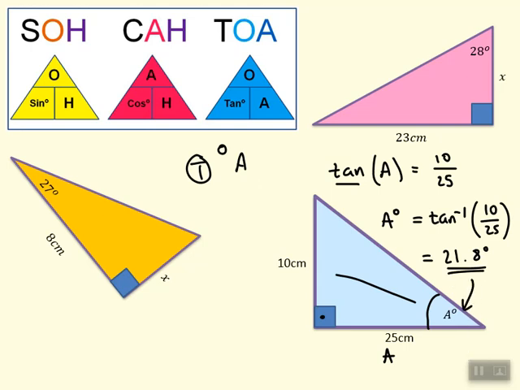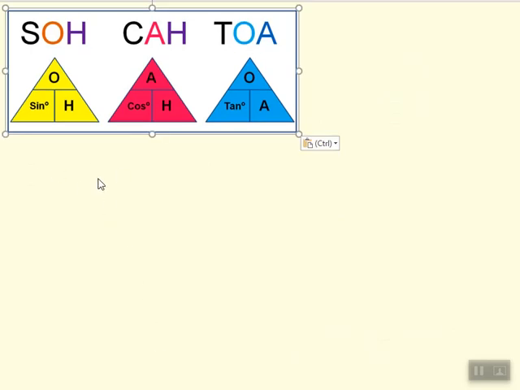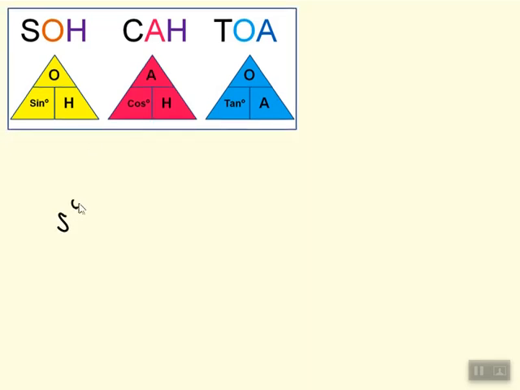Okay, now just to summarize real quick, thank you for being patient. I know it's gone to 16 minutes, I'm really sorry, but just to summarize, you do need to remember these 3 formulas off by heart. Do need to know them off by heart, so make sure you know them. I don't tend to remember the formulas, I just write SOH like this, or CAH like this, or TOA.